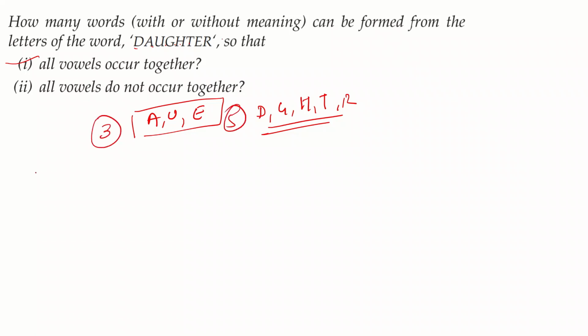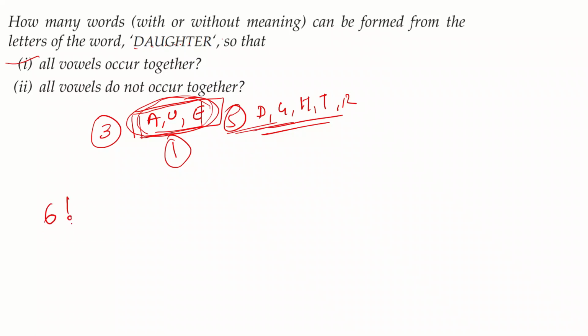The question asks us in how many of these permutations all the vowels are together. So we again glue these vowels together and consider them as a single letter. So this is one letter now, and there are 5 other letters. So we have 6 letters in all. We have considered the entire set of vowels as a single letter, and the remaining 5 letters are as they are.